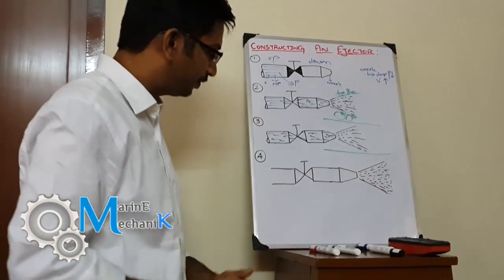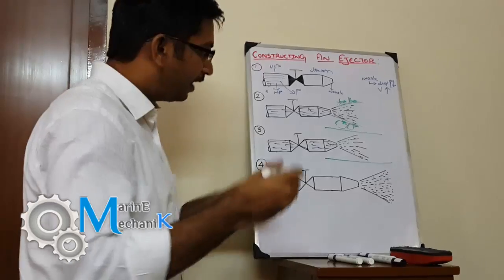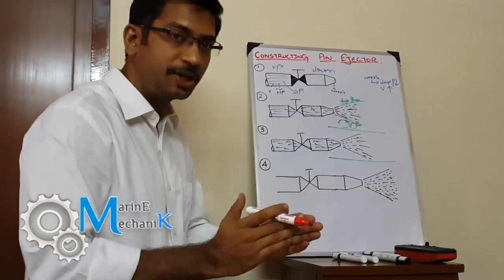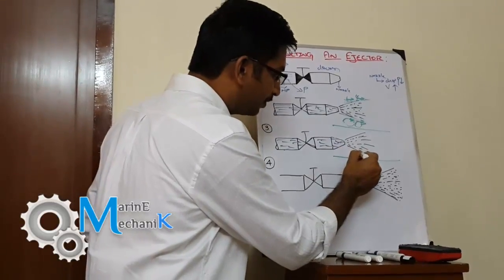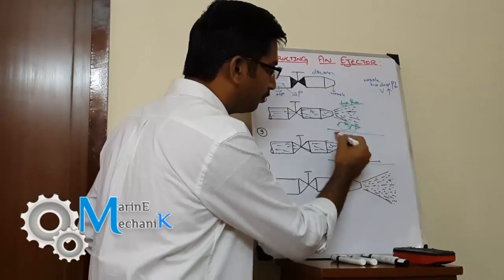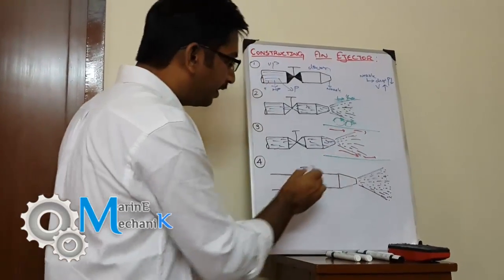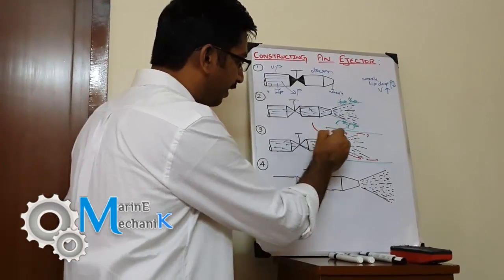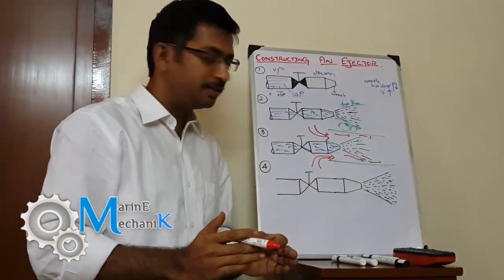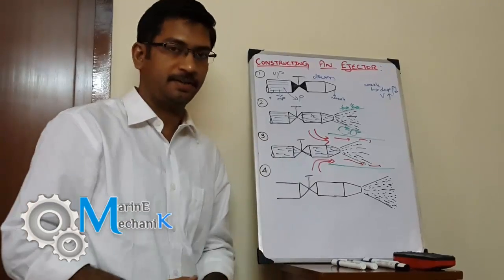Now what happens is the eddies are wiped off, or the eddies are more streamlined. Along with this water or air particle, the eddies also start to travel like this, and it also starts sucking air from the surrounding. In this manner, the eddies are more streamlined.